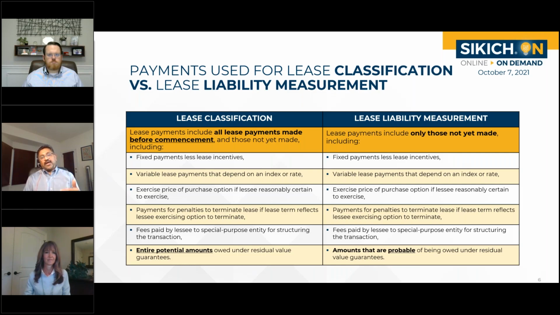So all of these factors are considered to determine lease classification, that is whether it is a finance lease or an operating lease.